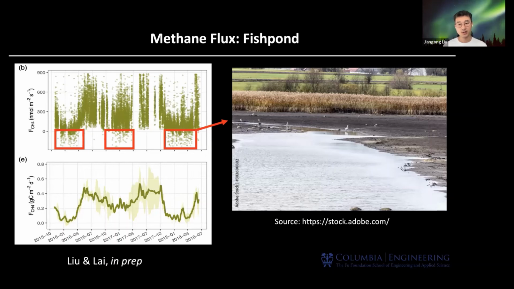In this case, the bottom soil is exposed to the air, and the drainage can last a long time to let the toxic matter accumulated at the bottom be oxidized. Also, the government encouraged the fishermen to leave some food for the migrant birds, so the fish ponds can also support local biodiversity. So we find some negative methane fluxes during the wintertime.